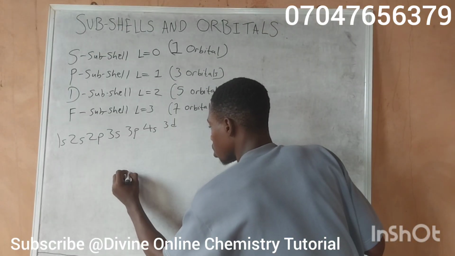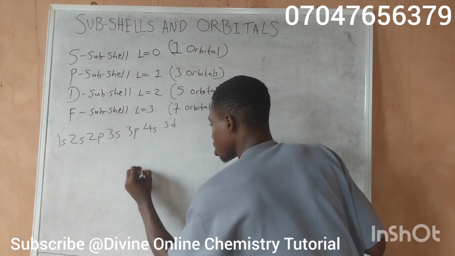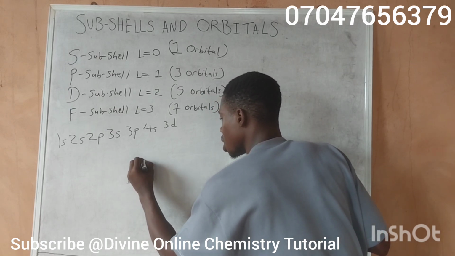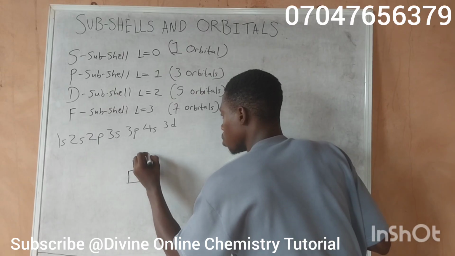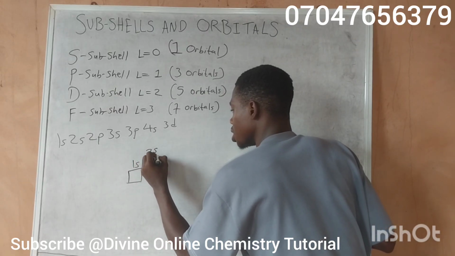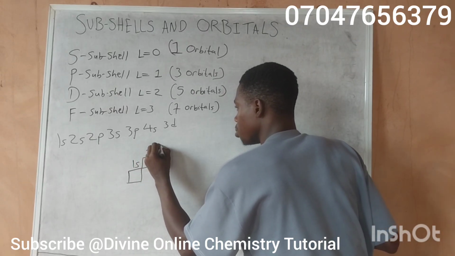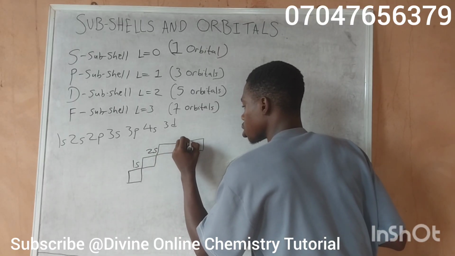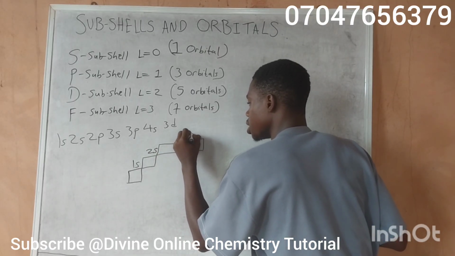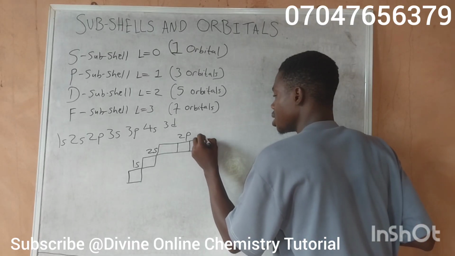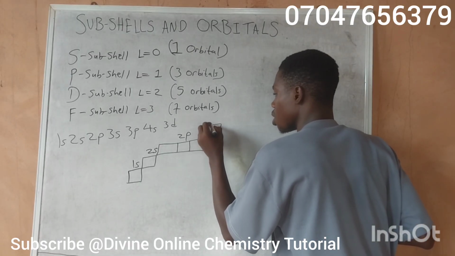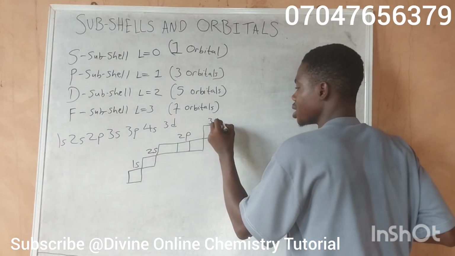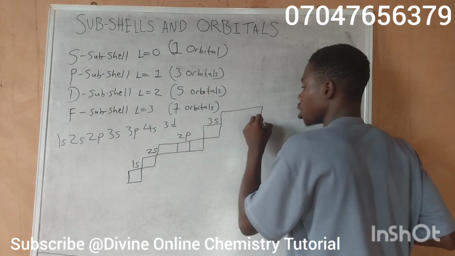Here we have the first one, which is 1s. The next one is 2s. And the next one will be 2p. After 2p, the next one is 3s. After 3s, the next one is 3p.